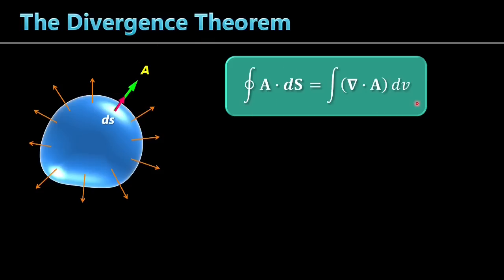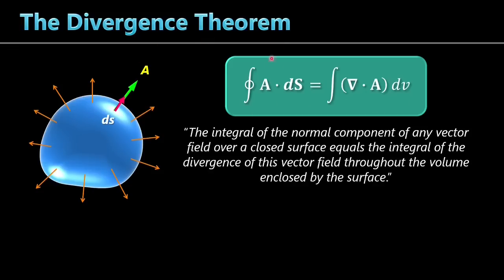So, this is your divergence theorem. Ayan, the integral of the normal component of any vector that is generically represented as A over a closed surface equals the integral of the divergence of this vector field throughout the volume that is enclosed by the surface. So, mahalaga dito, dapat ang surface ay closed. So, the divergence theorem will not work if the surface is not closed. Okay?